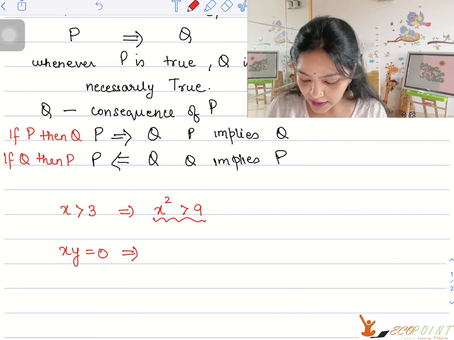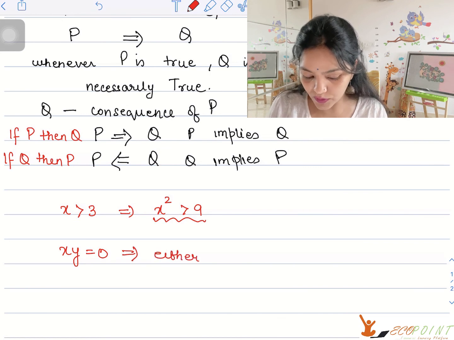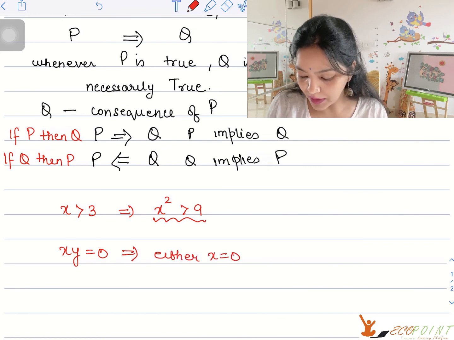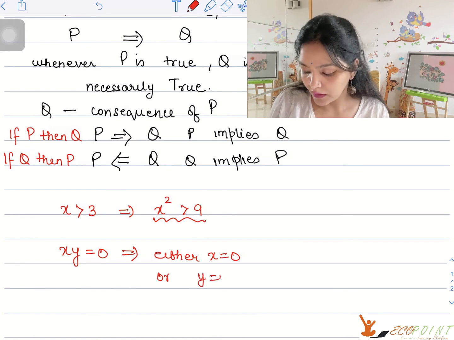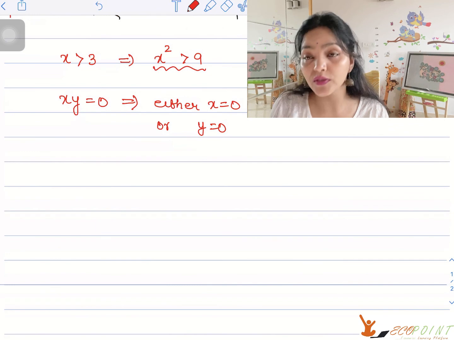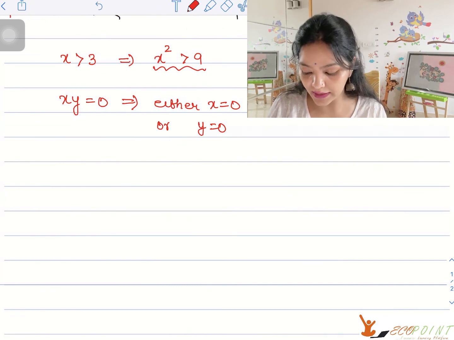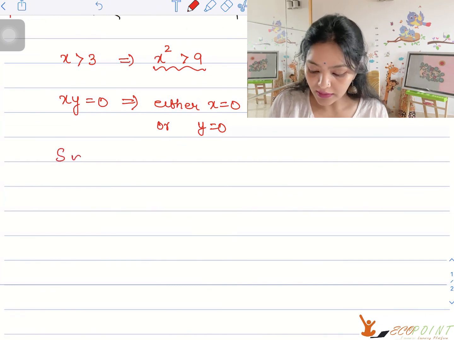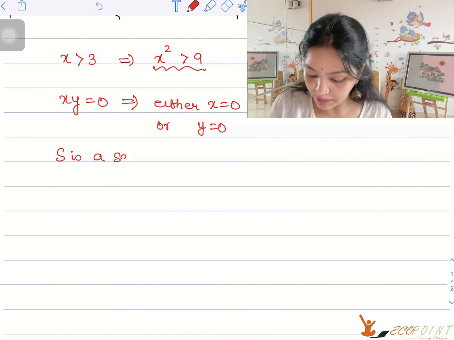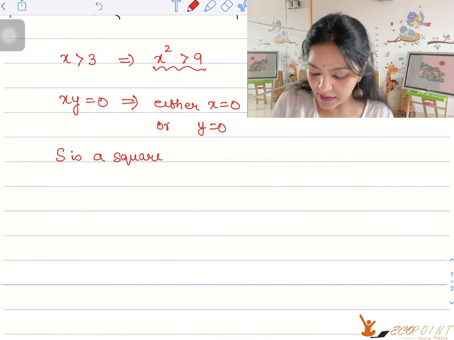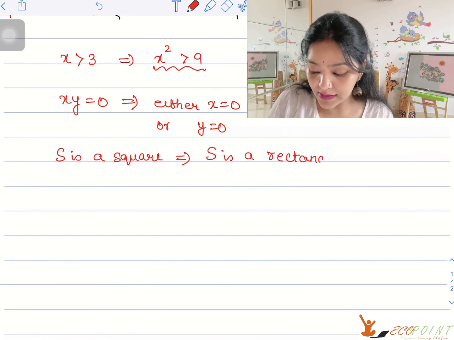Similarly, if the product x y is equal to 0, this would imply either x is equal to 0 or y is equal to 0. This will automatically imply that. Let's take another example. Suppose S is a square. My claim is that this implies S is a rectangle.